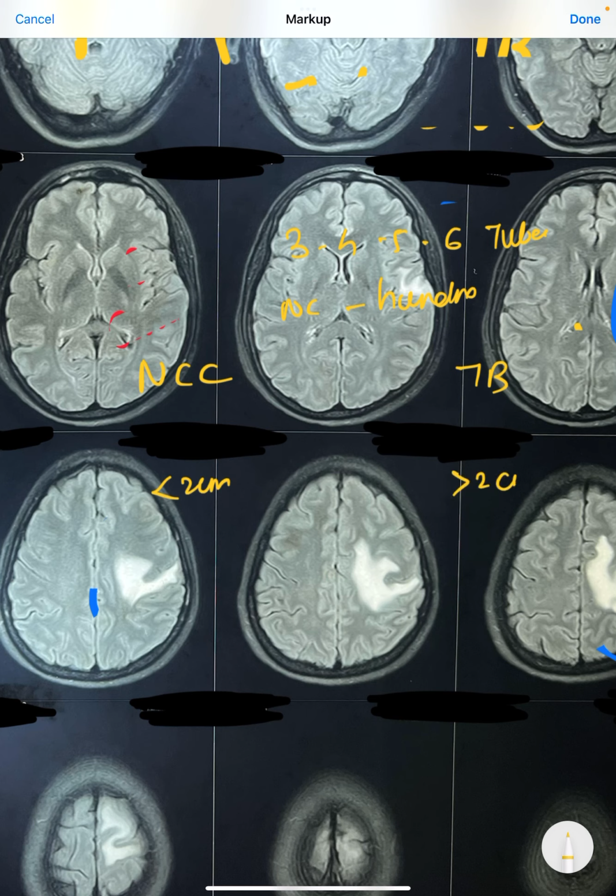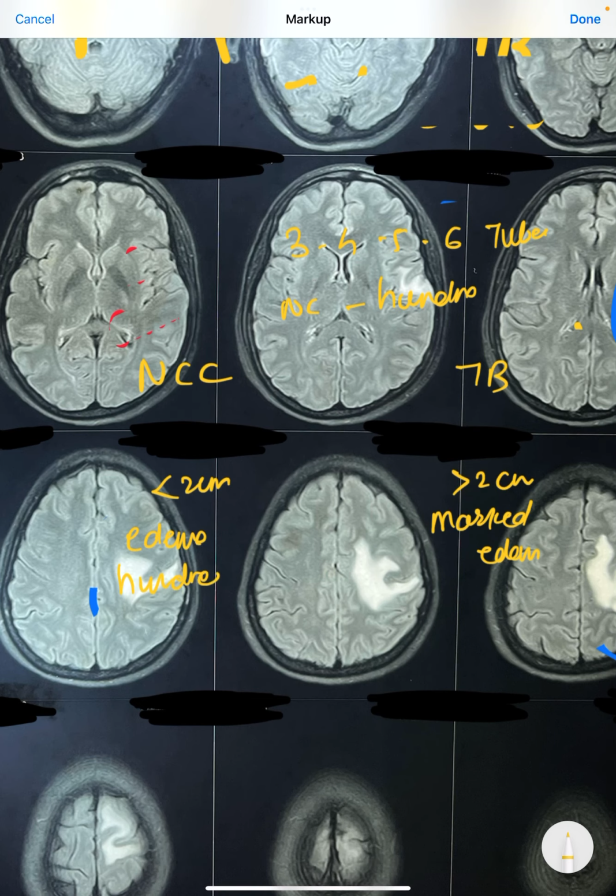If it is more than 2 centimeter, it favors TB. If there is marked edema, then it favors TB, whereas in NCC, edema is not very commonly found. Now these few discrete lesions can conglomerate, meaning they mix and form a large lesion, whereas in NCC this conglomeration is not a feature.